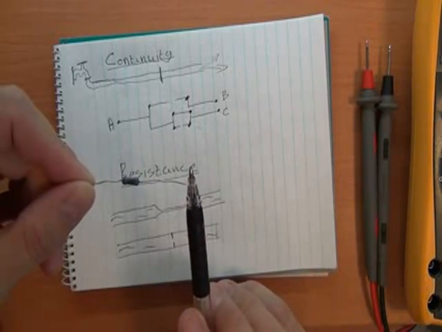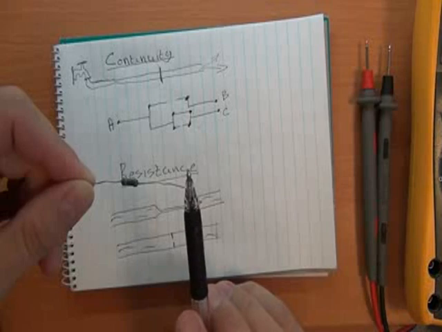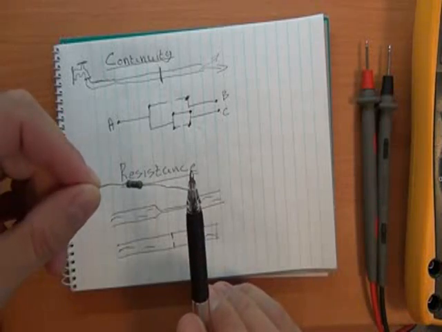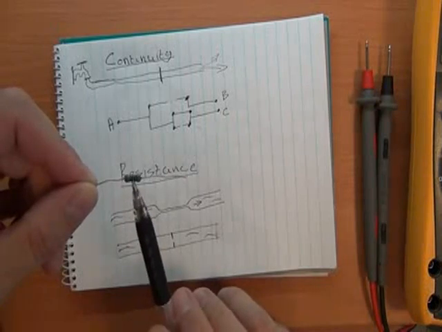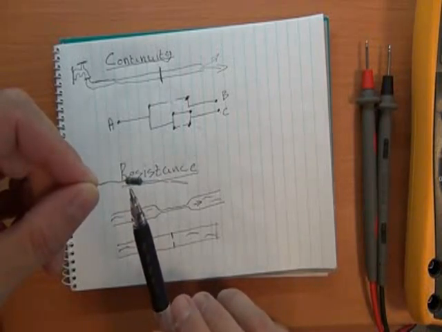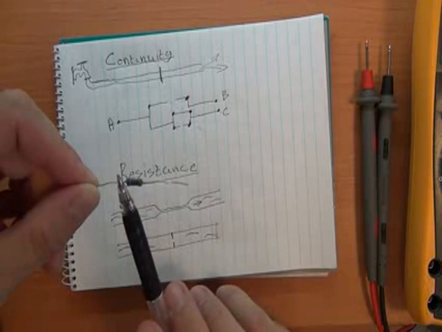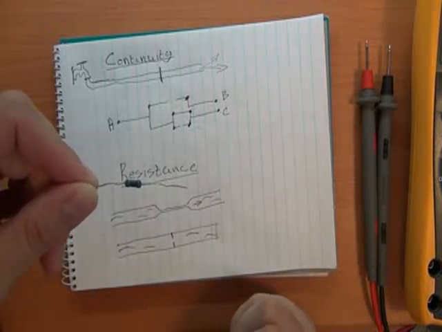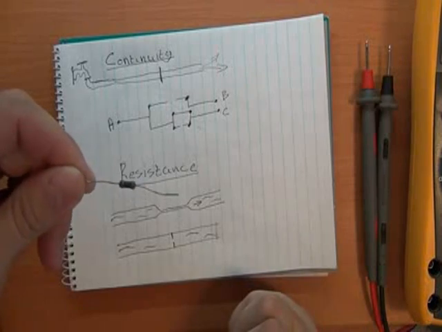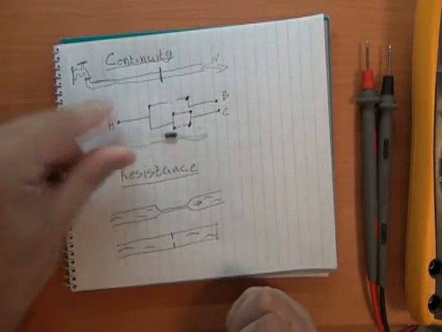And if you remember back in science, things just don't get lost. Energy doesn't get lost, it's dissipated. And what happens in a resistor of this sort, it dissipates those losses as heat. You'll get heat coming off your resistor. So let's move on to the multimeter and see how we measure that.